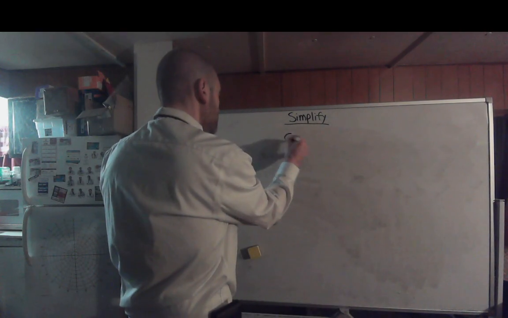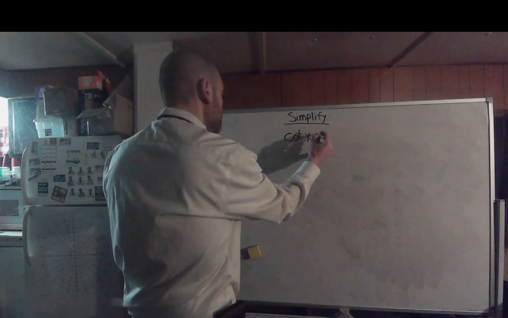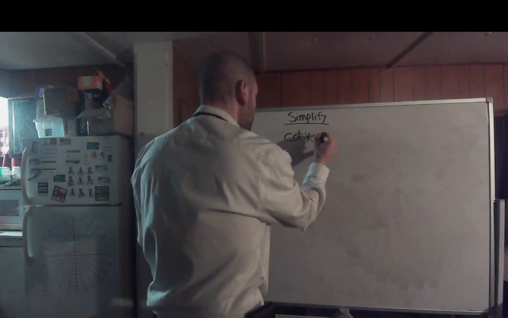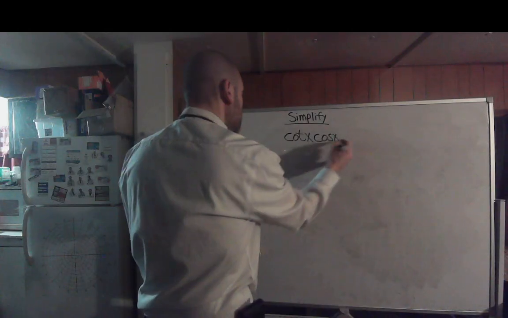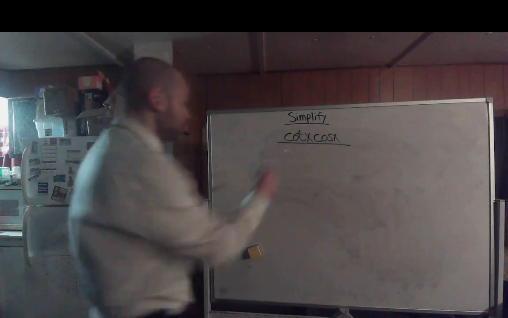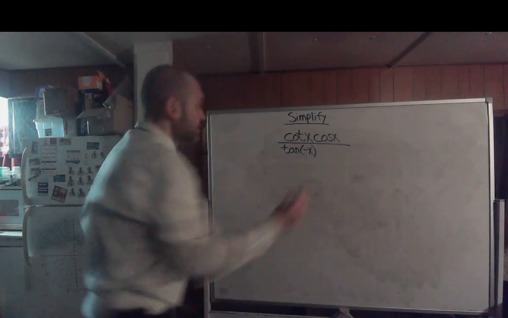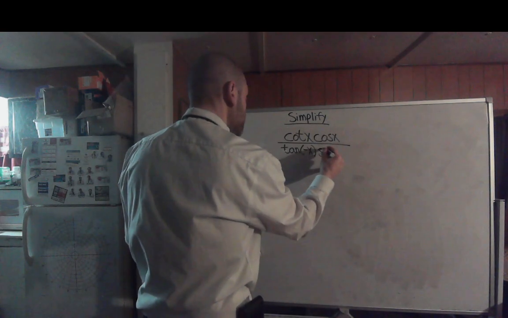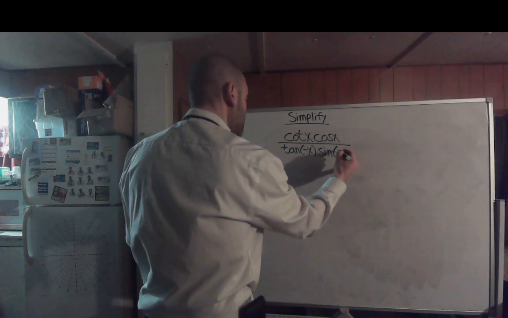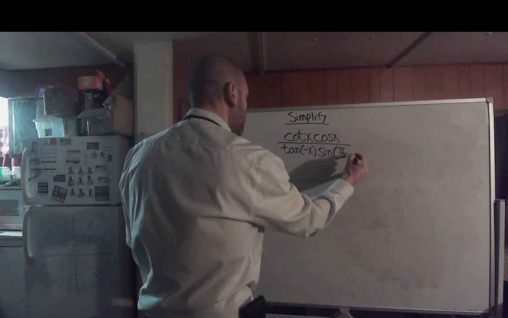All right, I got 4 more. Cotangent of x times cosine of x, all over tangent of negative x times the sine of pi over 2 minus x.